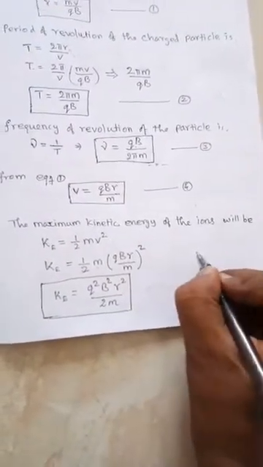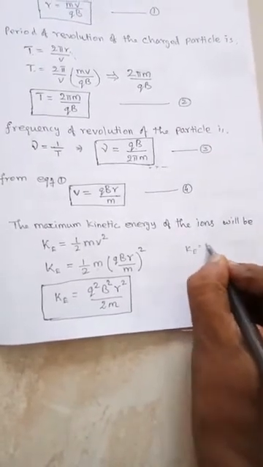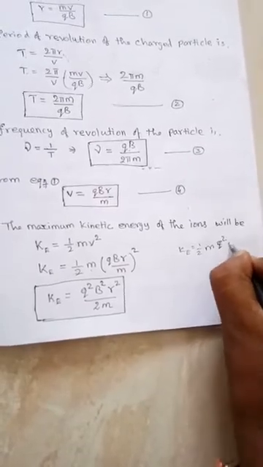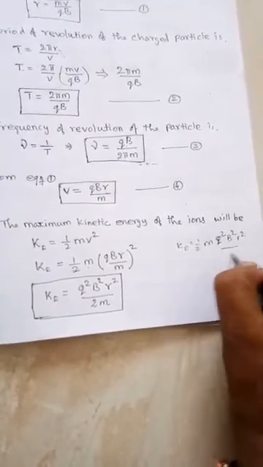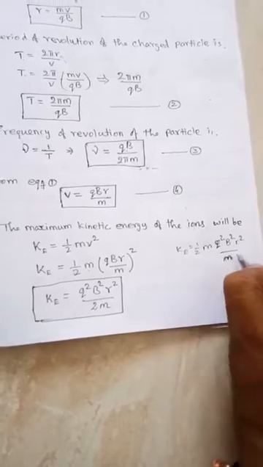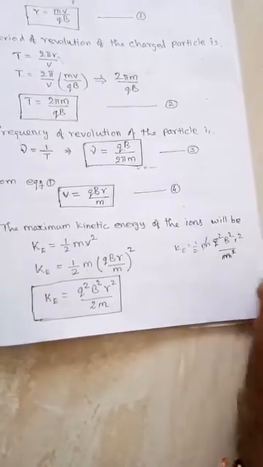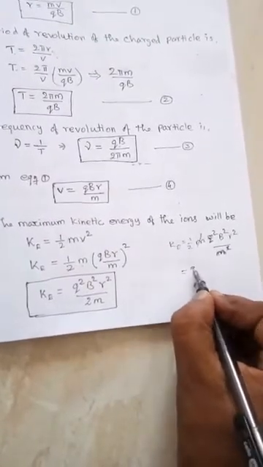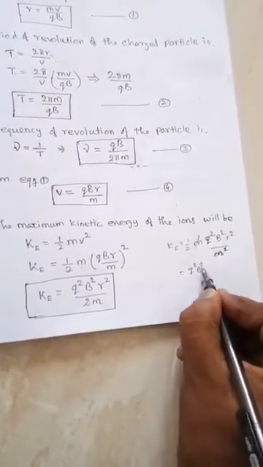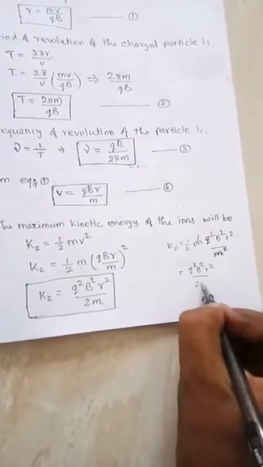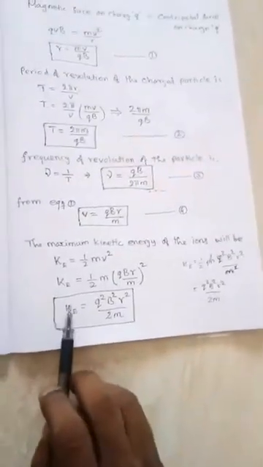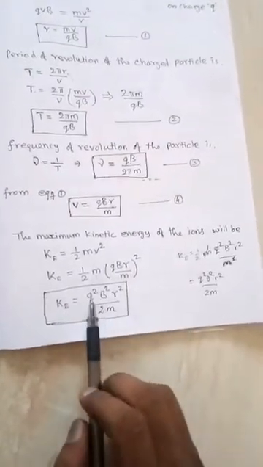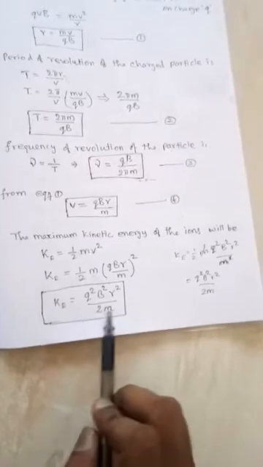Now squaring the value, KE is equal to 1 by 2 m q squared B squared r squared by m squared. m on m cancels. So the maximum kinetic energy KE is equal to q squared B squared r squared by 2m.